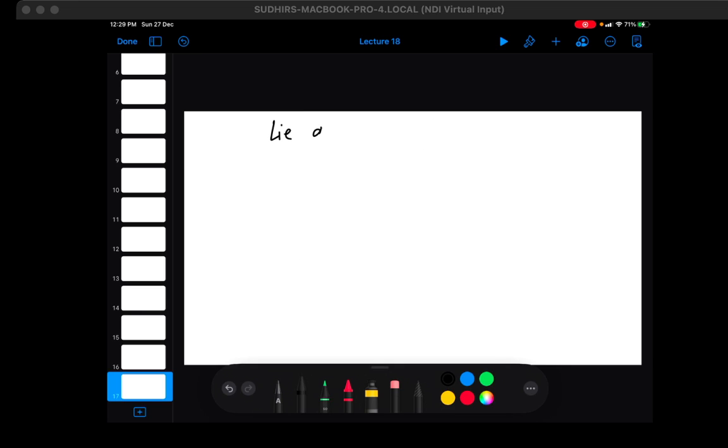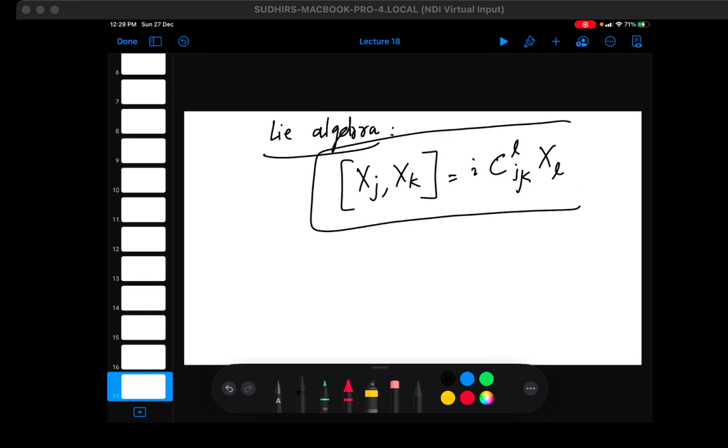So you'll end up having relations within the generators for non-abelian groups essentially.